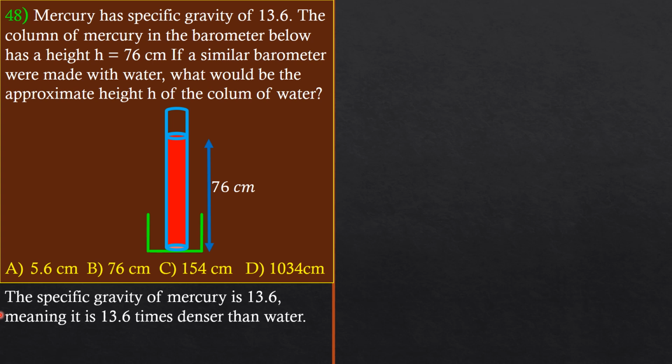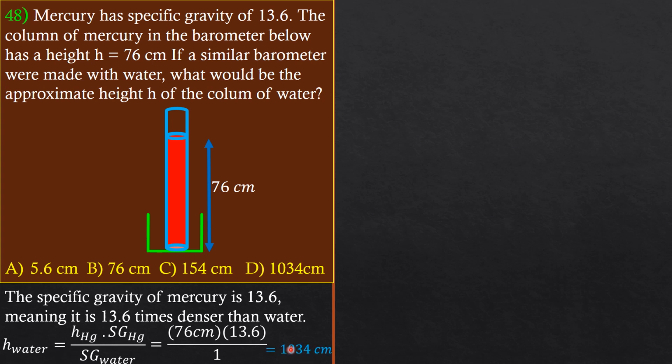Okay, now guys, to get the height of water, we just have to take the specific gravity of mercury, multiply by the height to which the mercury column has risen, all over the specific gravity of water. Like I said, that of water is 1, means we are definitely going to have 76 centimeters times 13.6 over 1, which gives us our answer to be 1034 centimeters. So option D, guys, is the best option for this question.